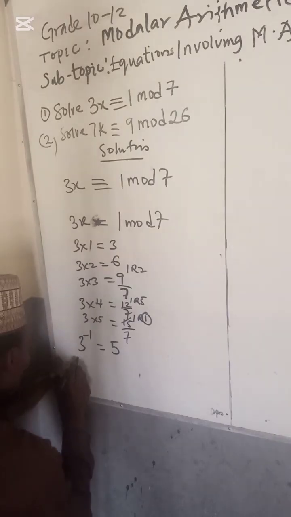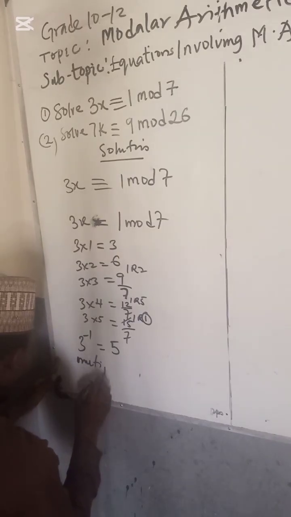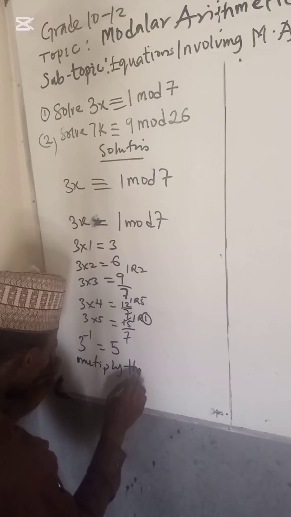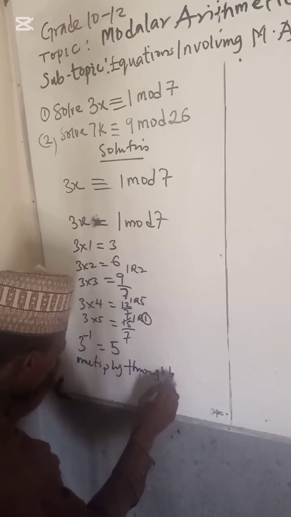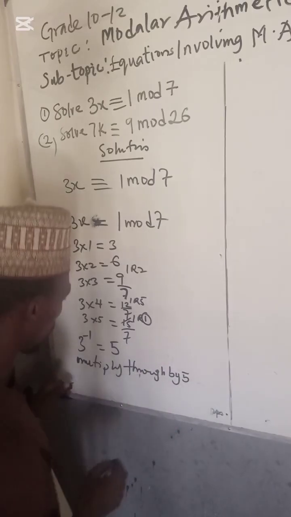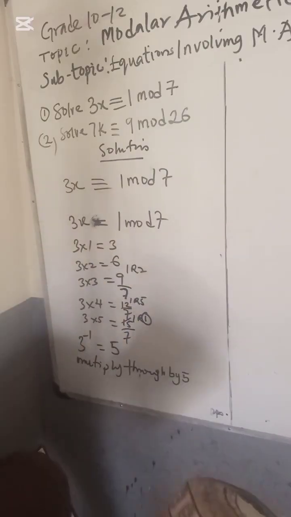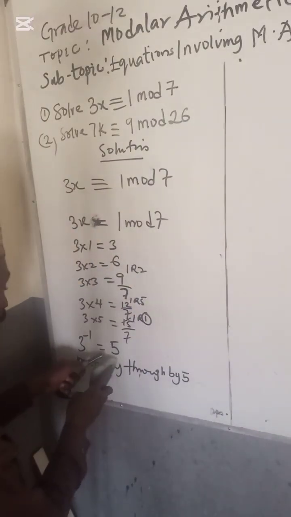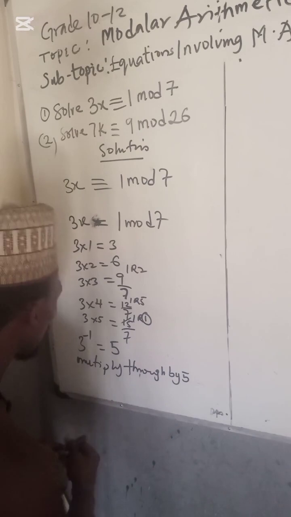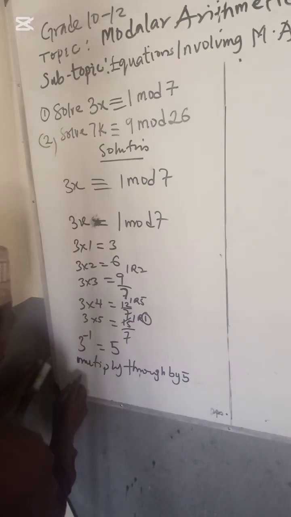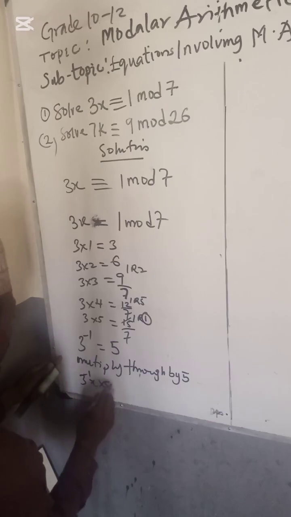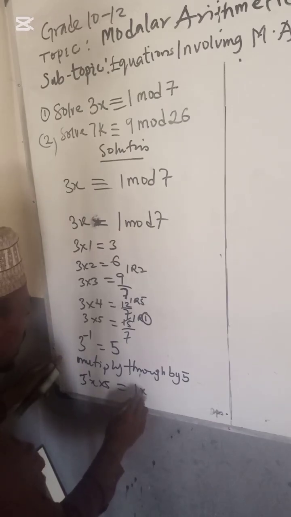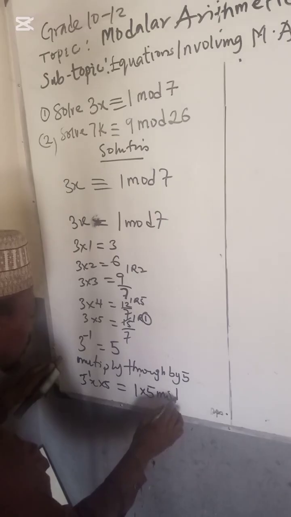So multiply through by 5. Or to save space, we've already seen how to get the inverse. So we can say 3 inverse times x times 5 is equal to 1 times 5 mod 7.